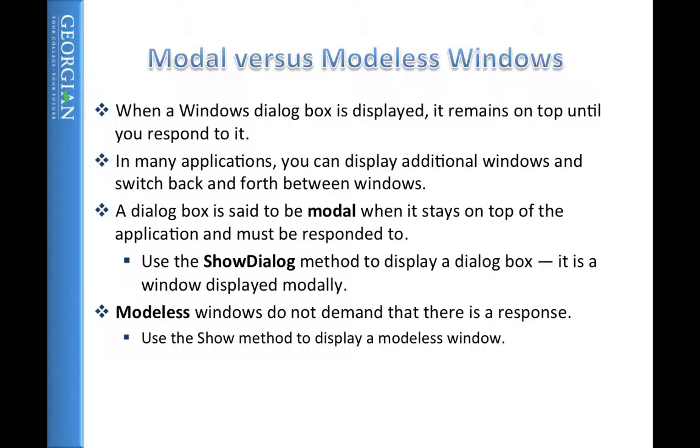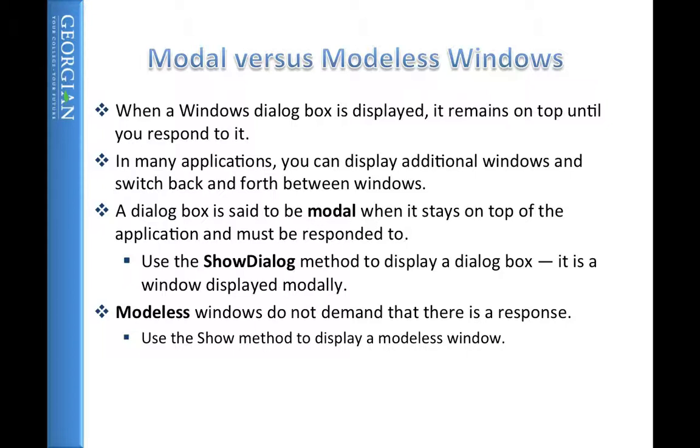Okay. Let's talk about modal versus modeless windows for a second, right? So what's a modal window? You're going to hear about this in other applications and other environments as well. Anyone? Kind of. Modal means that, when it's active, you can't do anything else, right? For example, an alert blocks everything else.